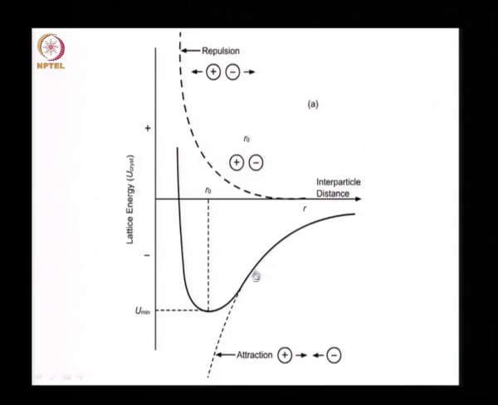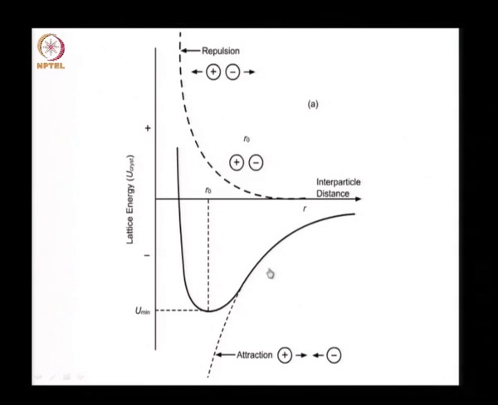This is pulling the atoms together, and this force or energy increases as the distance between the atoms decreases. Very far away there is a weak attractive force, and as we come together this attractive force increases.